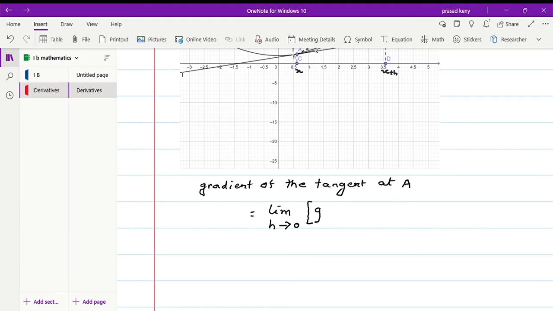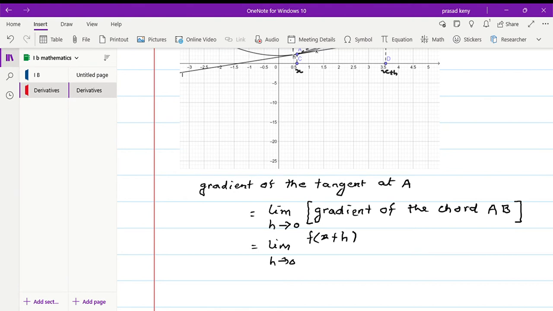of gradient of the chord AB. But already we have seen that the gradient of chord AB is f(x plus h) minus f(x) upon h.